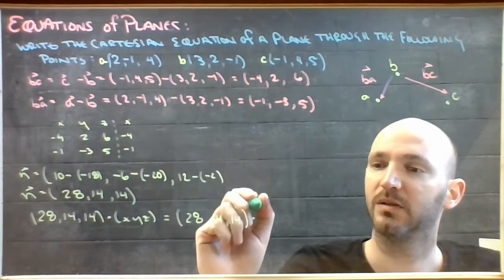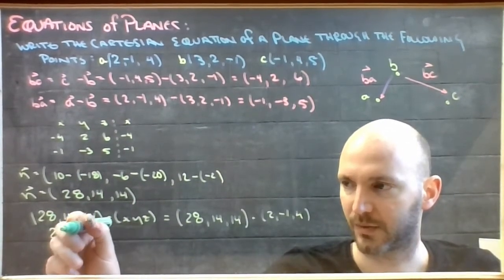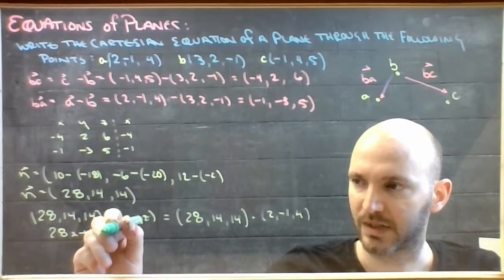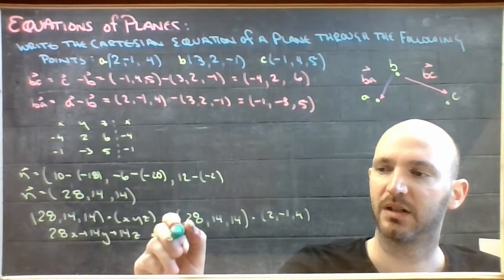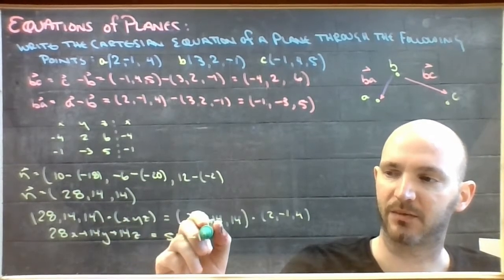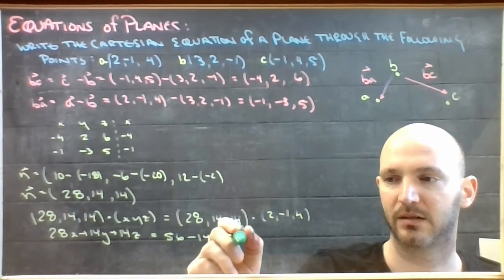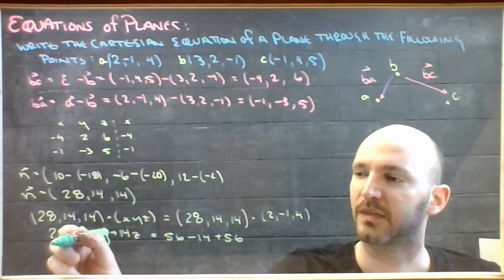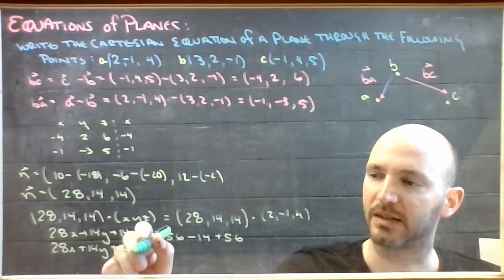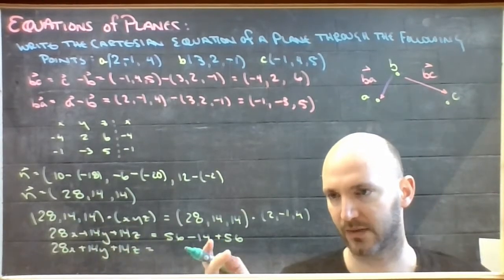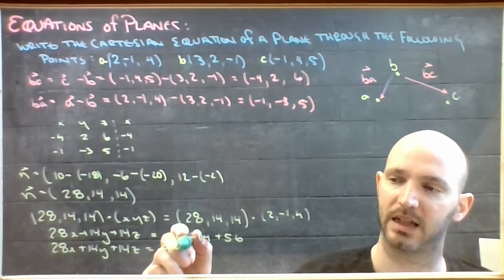So 2, -1, 4. So I would have 28 x's plus 14 y's plus 14 z's equals 28 times 2 is 56, 14 times -1 is -14, 14 times 4 is 56. So 28x plus 14y plus 14z is 56 plus -14 plus 56, which is 98.